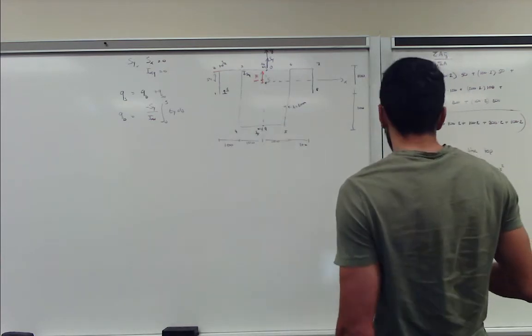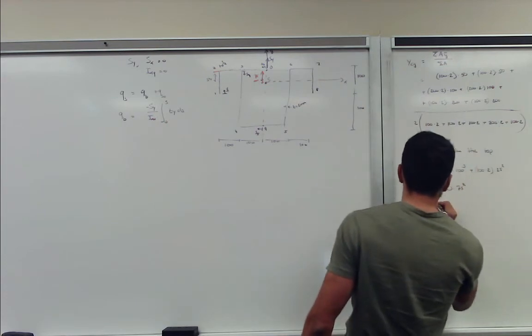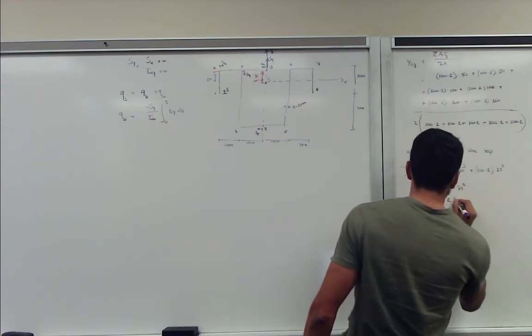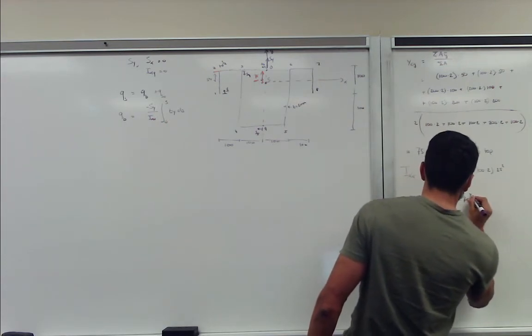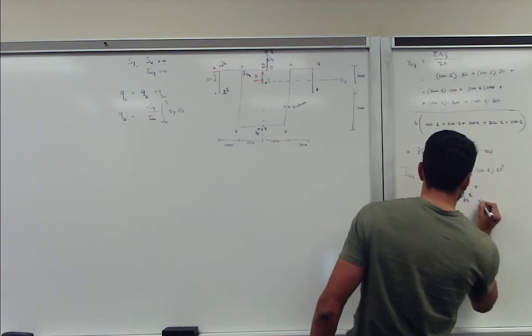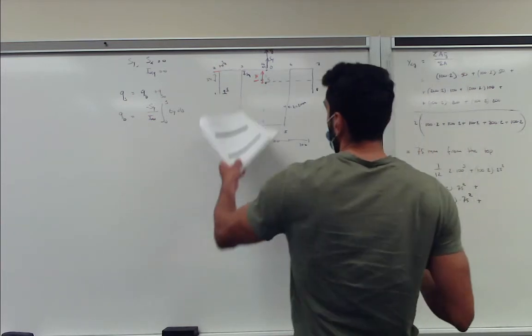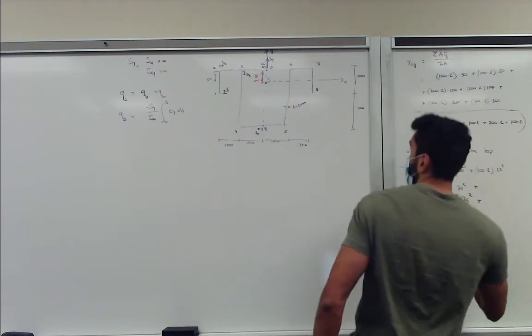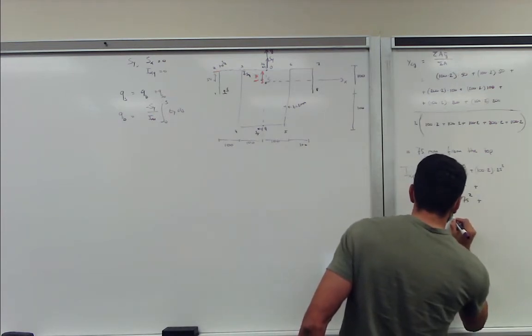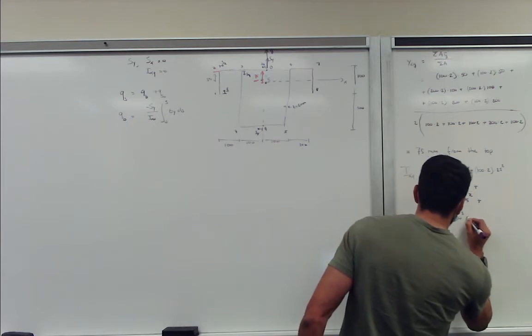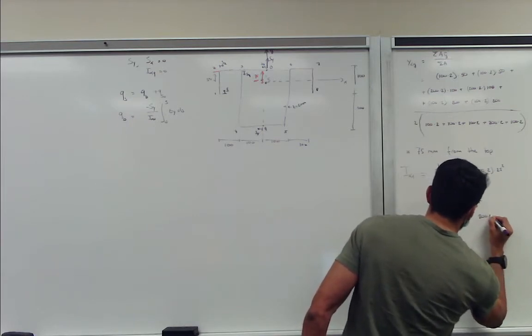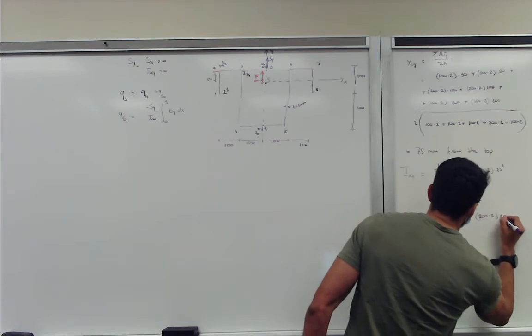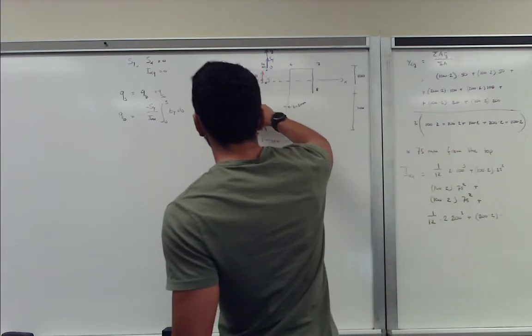Same thing for 3-0. And then we get 3-4. So again, 1/12 multiplied by 2 multiplied by 200 to the power of 3 plus 200 times 2. Its central axis lies at 100.